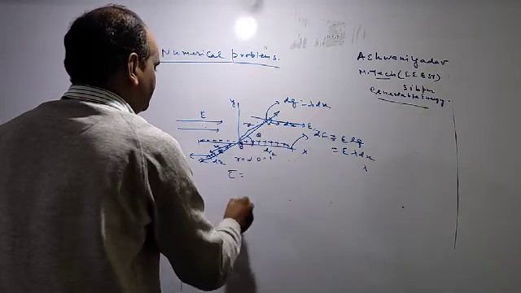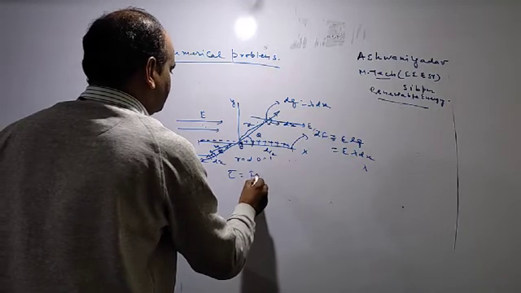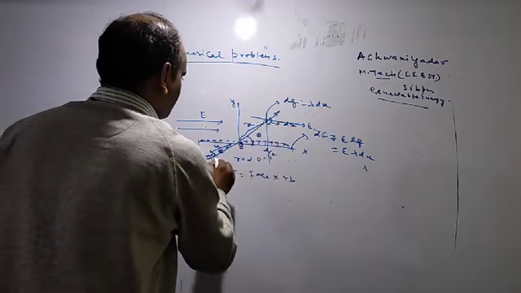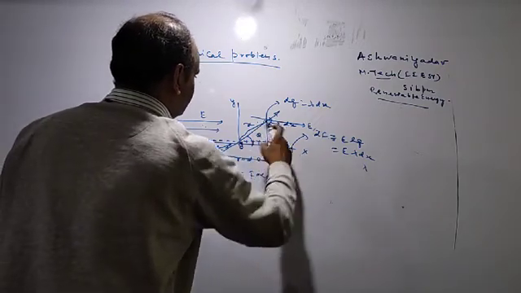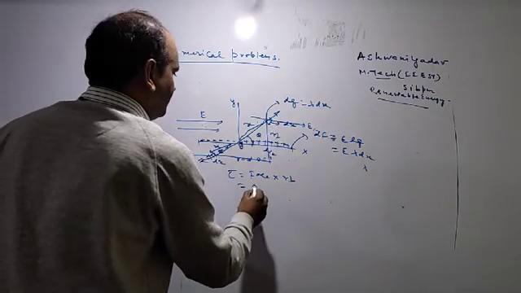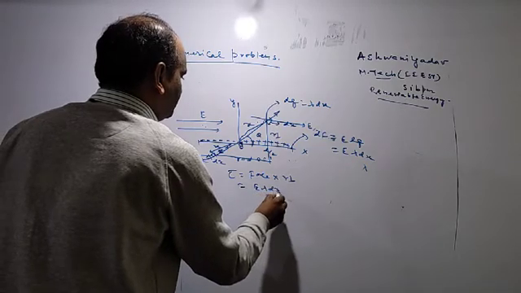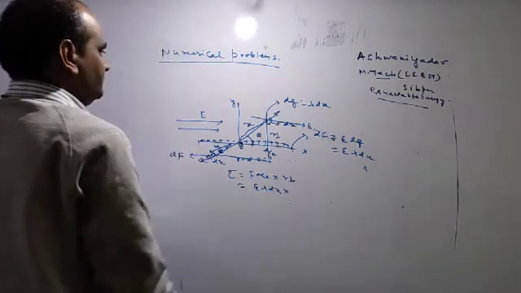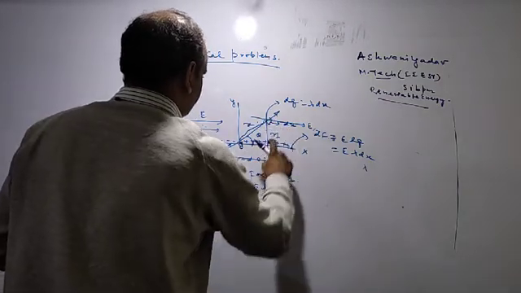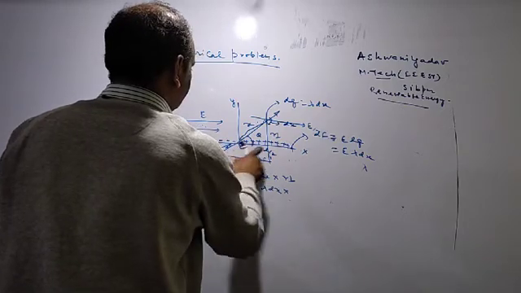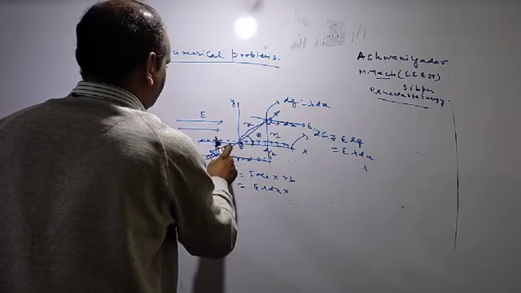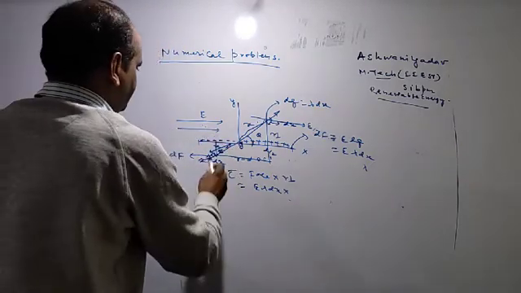And torque is nothing but force into the perpendicular distance r, and this is your perpendicular distance. So the force we have is E lambda dx, and this is x, and the perpendicular distance is going to be x sine theta, and in a similar way, again this is theta, so x sine theta.